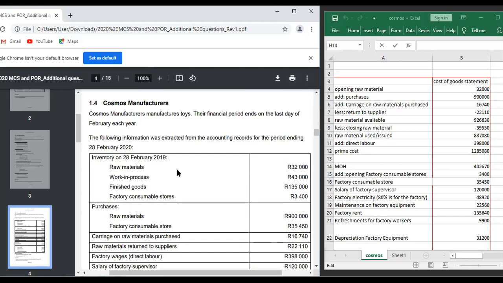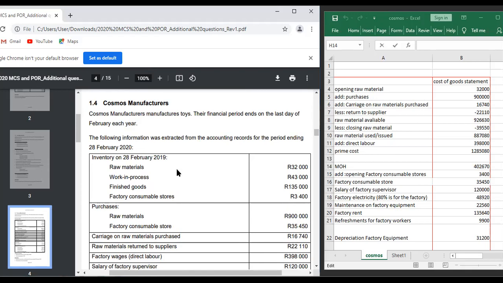Cosmos manufactures twice. Their financial period ends on the last day of February each year. The following information was extracted from the accounting records for the period ending 28th February 2020. Inventory on the 28th February 2019. Please do check the end date and the beginning.